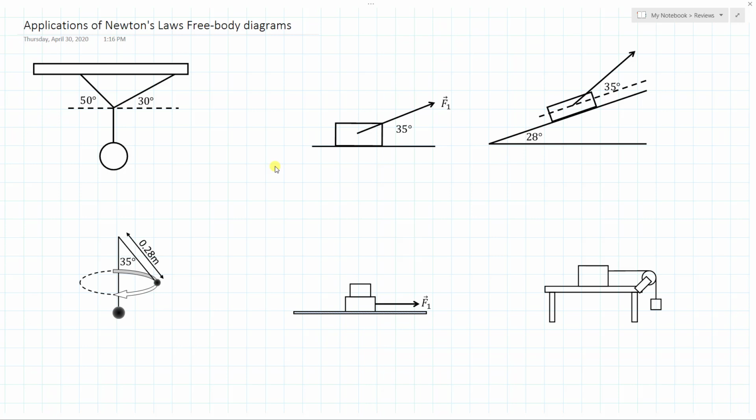So let's start from the top left. This one is a static equilibrium. So we have this sphere hanging below the string here, and we can analyze by analyzing this location right here. So this is basically a massless junction, but it's okay.